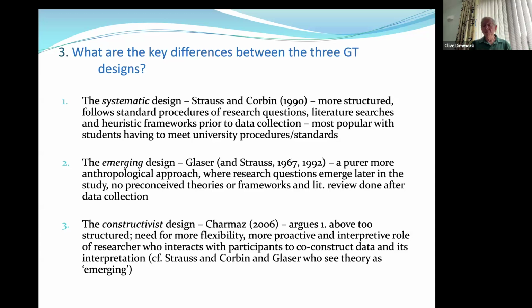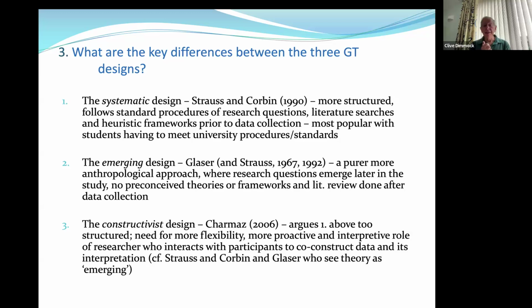And for obvious reasons, if you're doing a doctorate, this emergent design is not really appropriate because you've only got a limited time doing a doctorate. And you can't say, I spent 2 years in the field understanding what the problem is before I did my research questions.